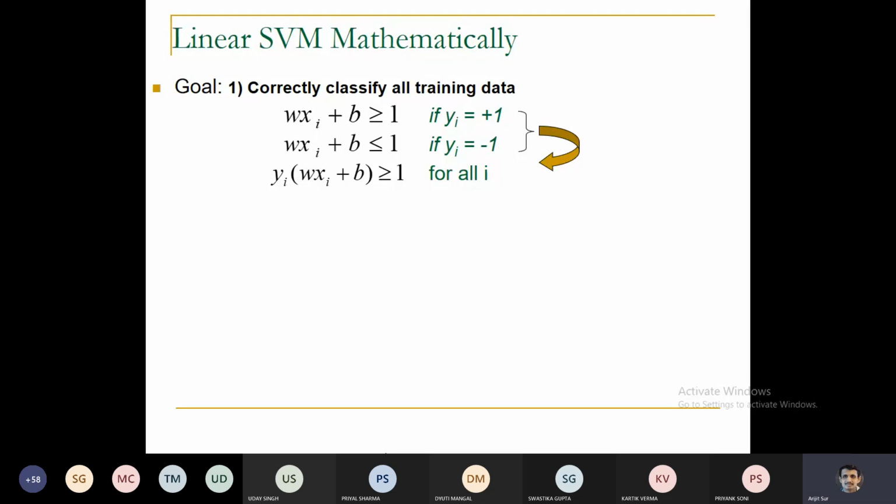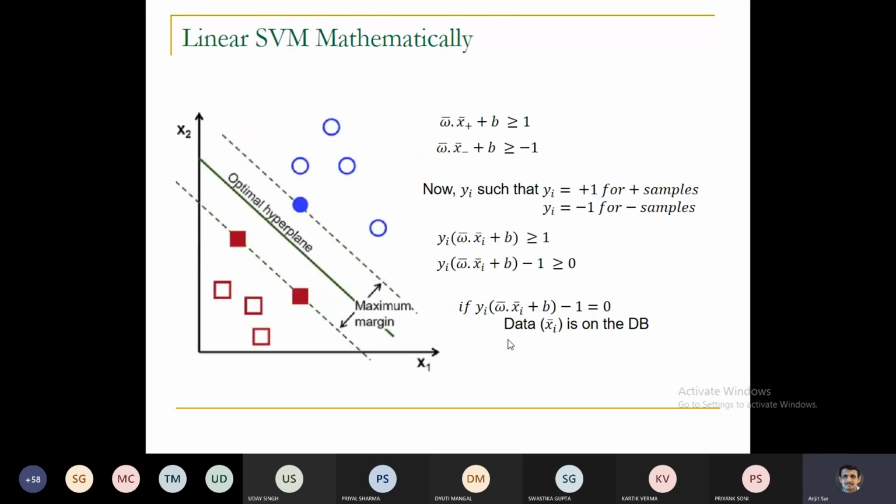So, what we discussed yesterday, the last day, was the linear SVM.